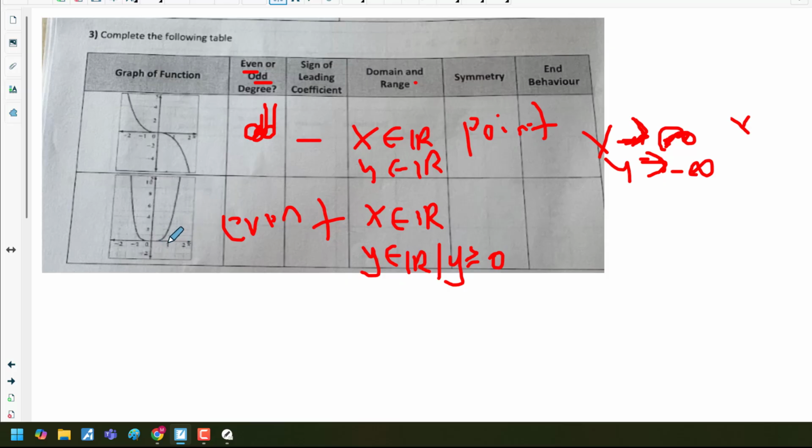Reason being is the function is above. So it's wherever the function is, right? So if the function is above 0, then it's y is greater than or equal to 0. Symmetry, line. Because there's a mirror image right down the center.